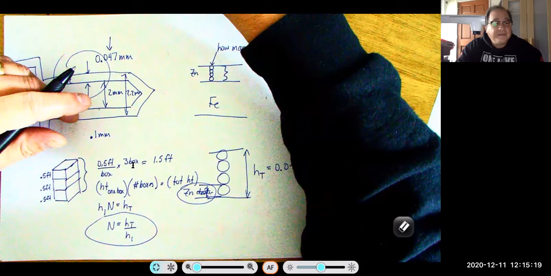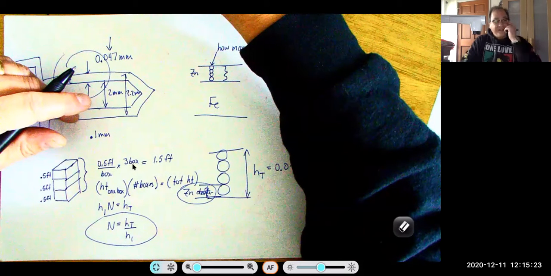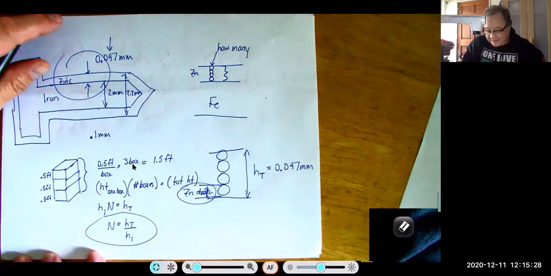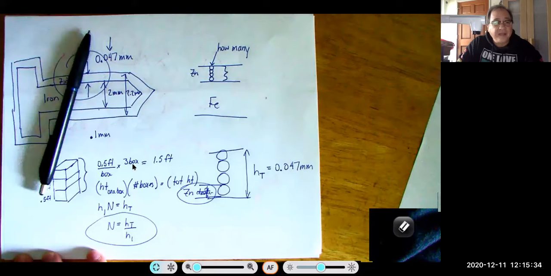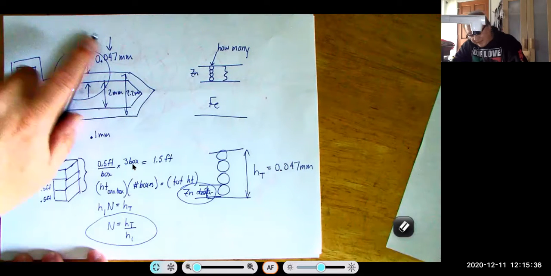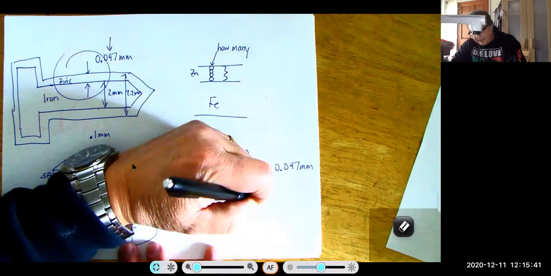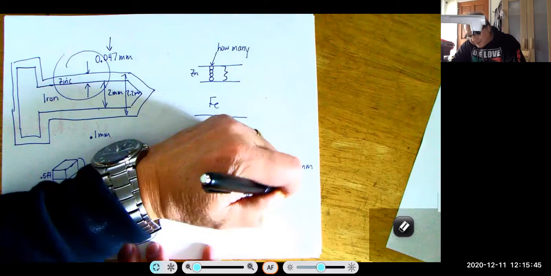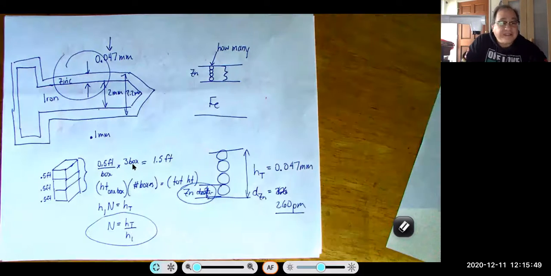In this little section, they actually give the diameter of the zinc atom as 2.6 times 10 to the minus 10 meters. And I've actually heard that the diameter of a zinc atom is 260 picometers. That's normally the way you see it.